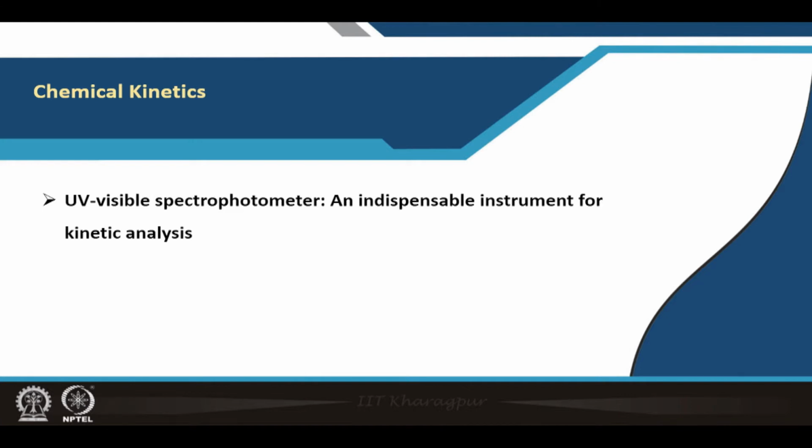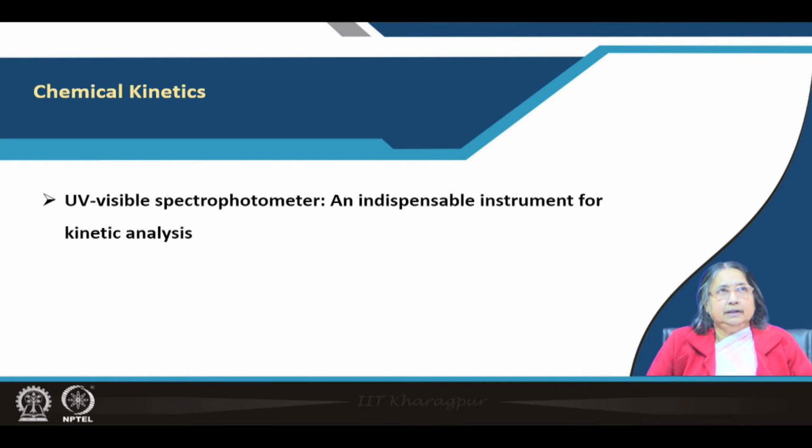In the earlier slides, I have shown you what is the order of a reaction and how to determine the rate, and what are the different methods that we can apply, like the differential rate law and the integrated rate law, to determine the order of the reaction.